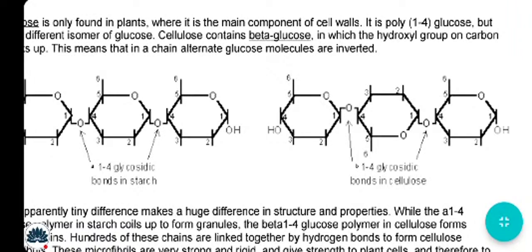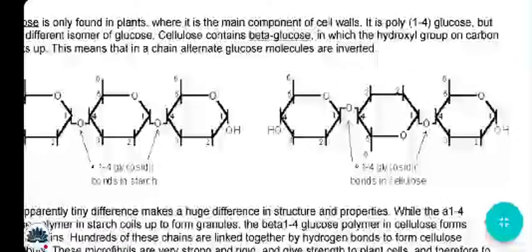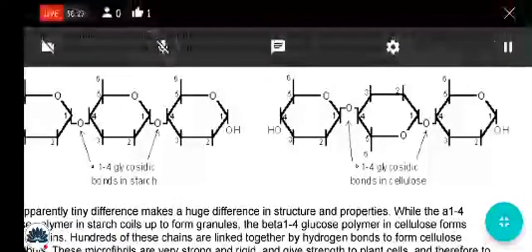Because the beta glucose has the hydroxyl group above on carbon number 1, and on carbon number 4 the hydroxyl group is below. So one is above and one is below, and both hydroxyl groups face each other to form the glycosidic bond. That is why it is inverted, where carbon number 4, which has the hydroxyl group above it, will be reacting with carbon number 1. All right.